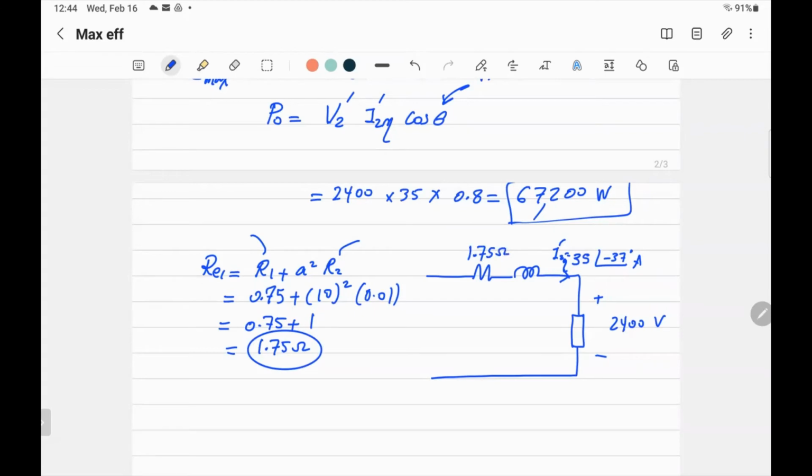So the current I2 dash going through this winding on the primary side will cause copper loss. Now I can calculate the copper loss. On side 1, it's I2 dash squared, not any I2 dash, the one that causes maximum efficiency, times R equivalent 1. For the current, you need only the magnitude.